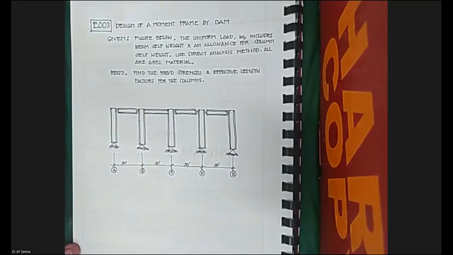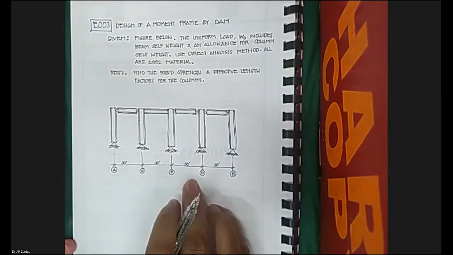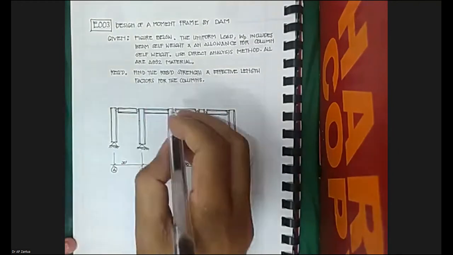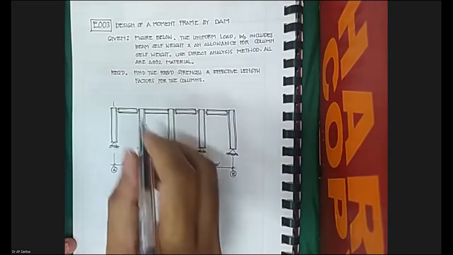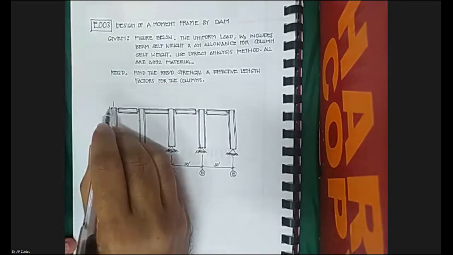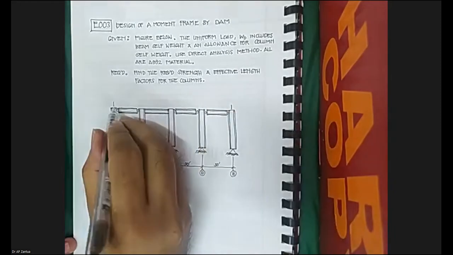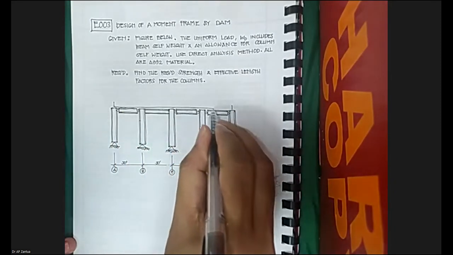So 30 feet is less than 10, about 9 meters. So 9 meters, 9 meters, 9 meters, 9 meters. So that is about it. From the center of the column up to the extreme center of the column, we have the load.